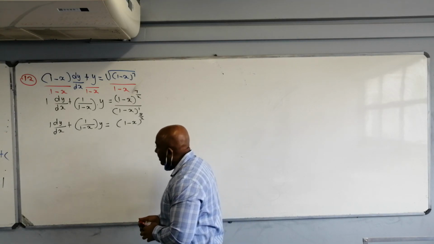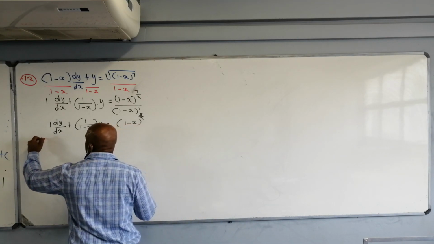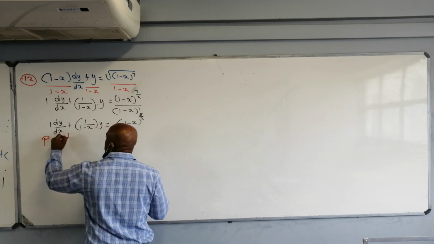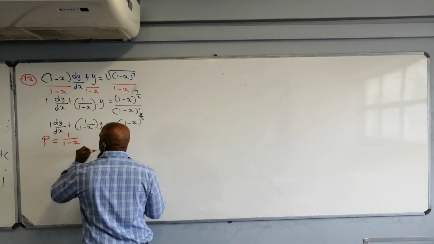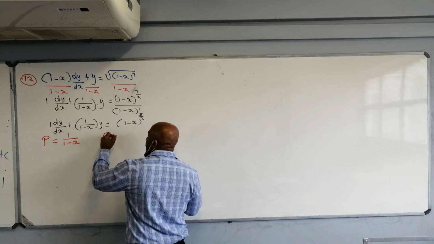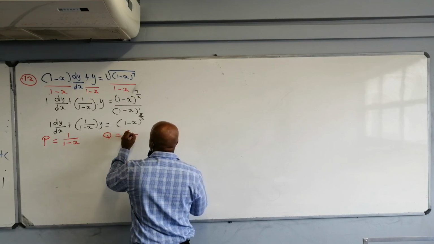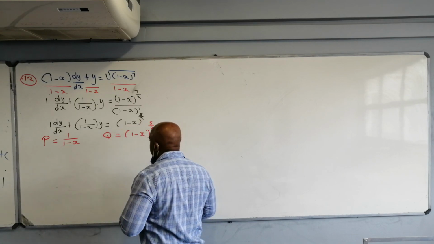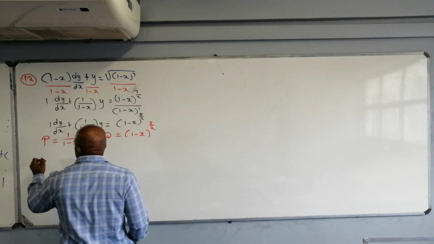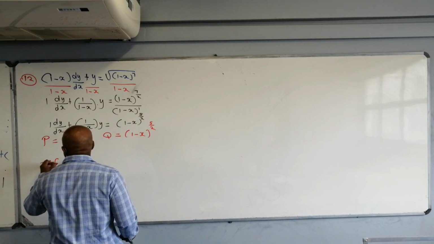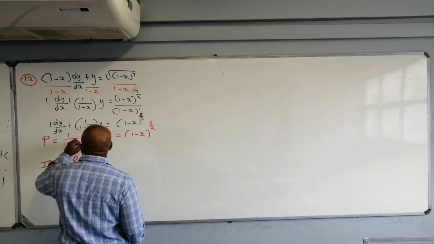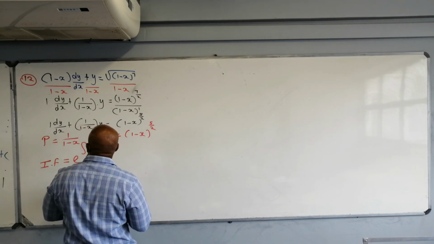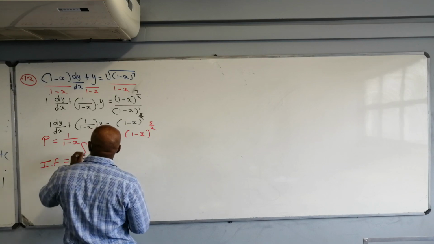Now, we can identify our p, which is equal to 1 over 1 minus x, and our q, which is 1 minus x to the power 5 over 2. So our integrating factor is equal to e to the integral of p dx.